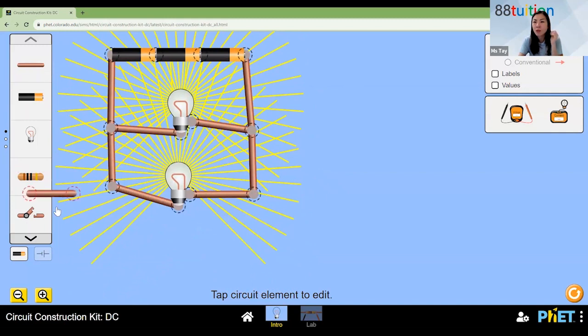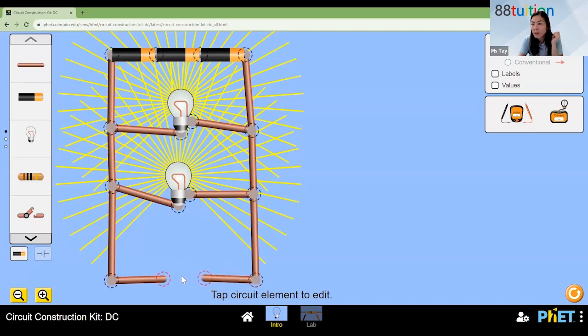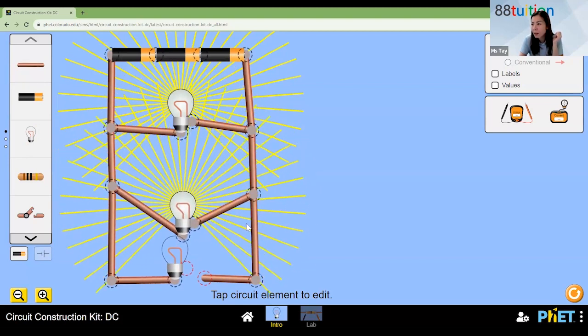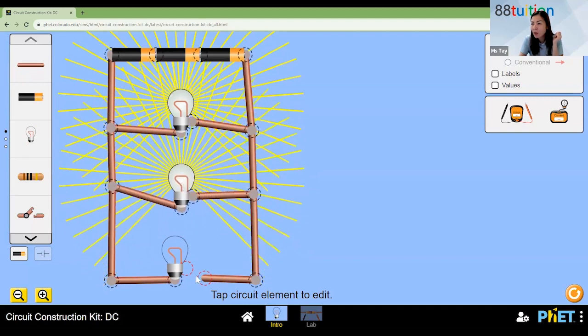But if I were to add on, I want you to see how the brightness of the bulbs is after I have done this. So I'm going to put one more light bulb here. Check how bright it can be. Look at the length of each light ray.